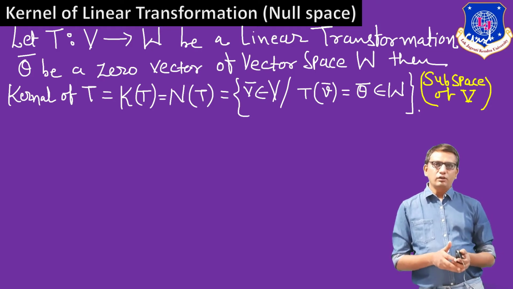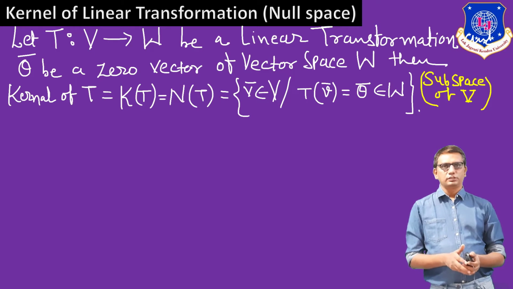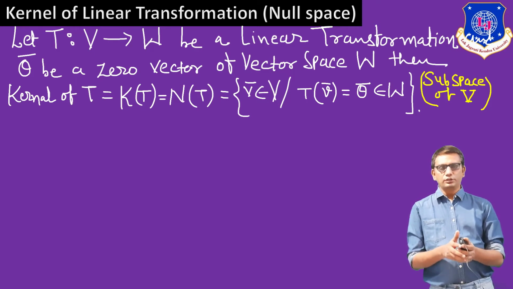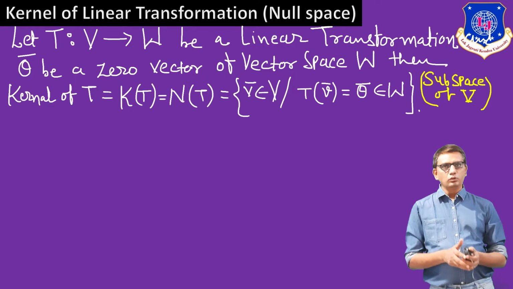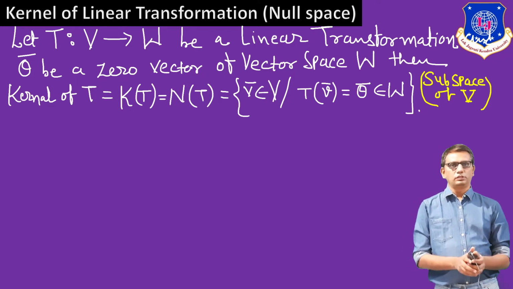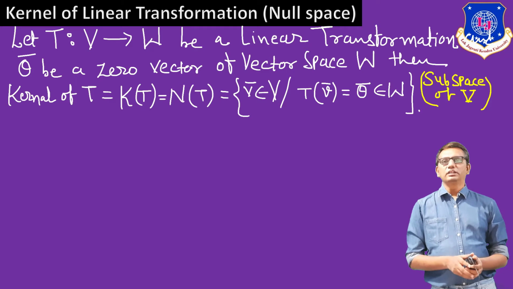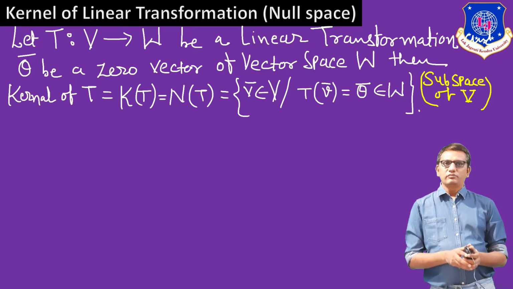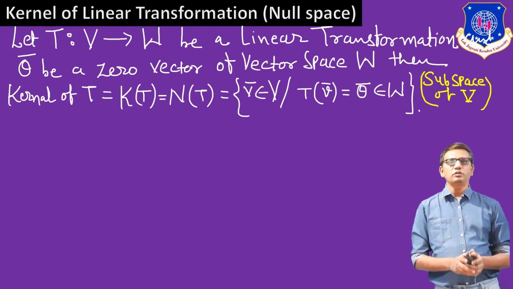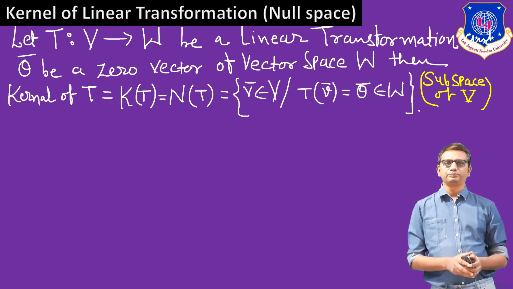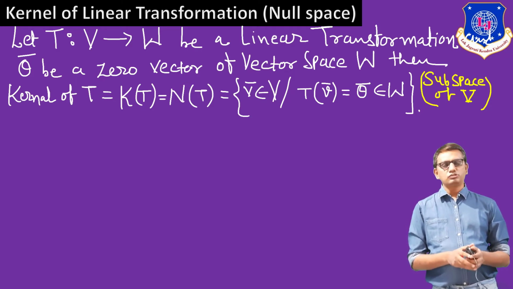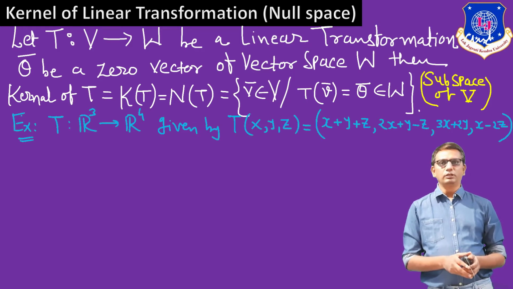So here we have to find those vectors from the domain vector space V whose images are 0 after applying the given linear transformation, and where the 0 vector is not of vector space V, it is actually the vector space W. So finally, it is a subspace of V, because here we are taking those vectors of V whose image is the 0 vector in W.